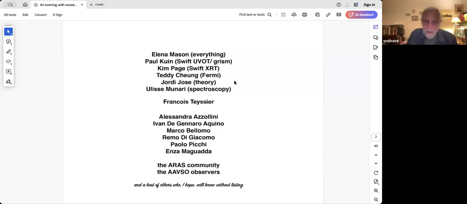Jordi Jose is one of the most energetic in this field in trying to understand the fundamental physics involved with nova explosions. And Ulisse Munari, some of you know, who's involved both with photometry and spectroscopy, and has the advantage of having in his backyard a 2-meter telescope with an echelle spectrograph.